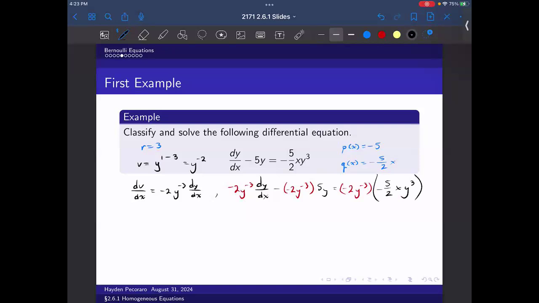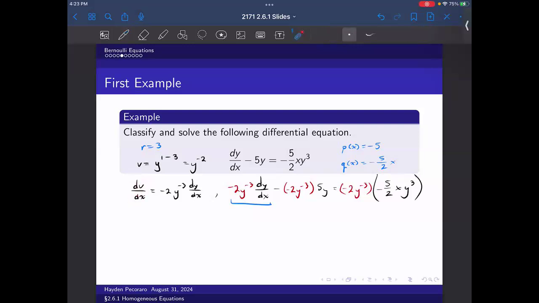All right, see how those exponents cancel out real nice? That's how this substitution works, it essentially gets rid of the nastiness on this side when you multiply through by that thing. It's the same as the dividing out by y cubed that we saw a second ago. So going through and substituting, that's dv dx.